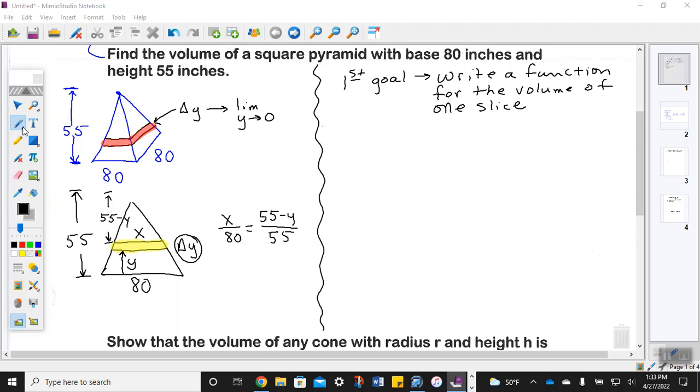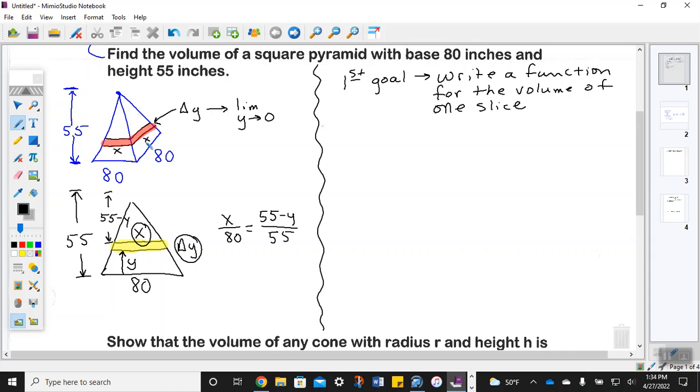Okay, the very bottom it's 80, but as I move up, these distances are getting smaller and smaller, aren't they? What did we call that in this section? X. Okay. But if we said all these cross sections are going to be little squares that fill this up, wouldn't the distance going this way have to be the same as this for that square? So this would have to be x right here also, wouldn't it?